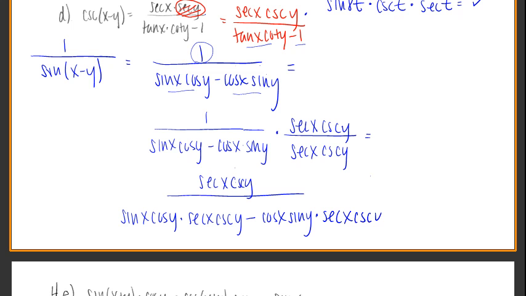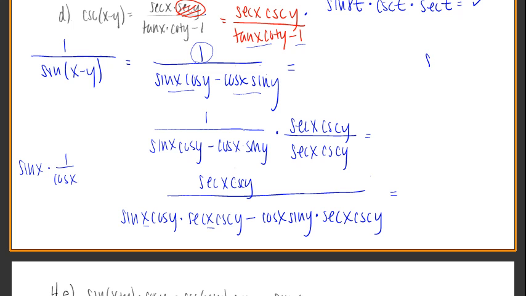When you have several terms multiplied together, what you want to do is pair them up: x to x. What's sine times secant? Secant is 1 over cosine, so sine times 1 over cosine is tangent.